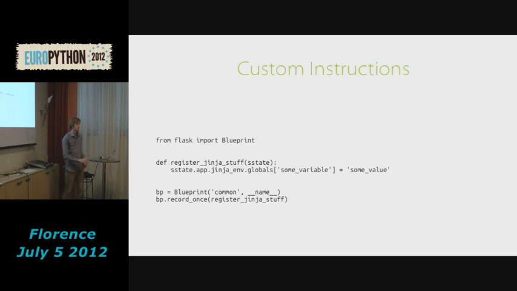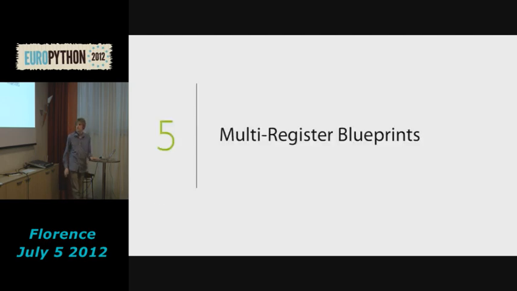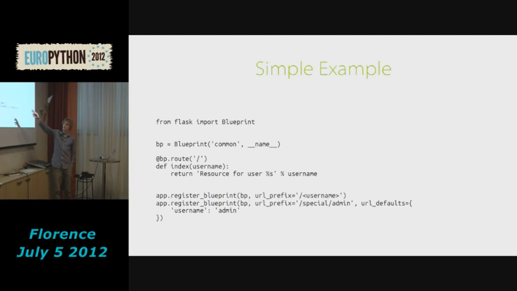Sometimes you want to write a blueprint that can be registered on the app more than once. There is an example afterwards, which is basically you have a route on the blueprint which returns the resource for a certain user. And then you can register the blueprint at /username. So this is an arbitrary username. So you get a different resource for each user. And the user is then passed to the index function.